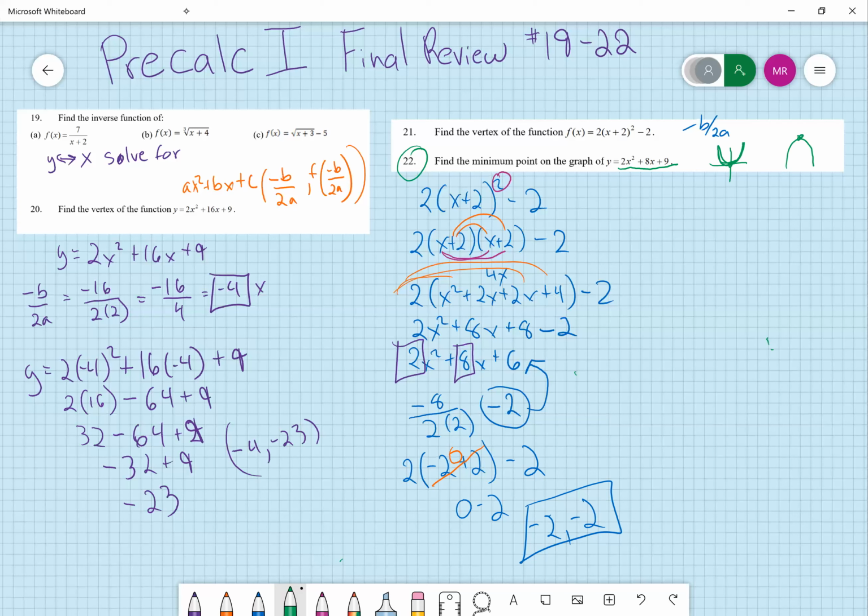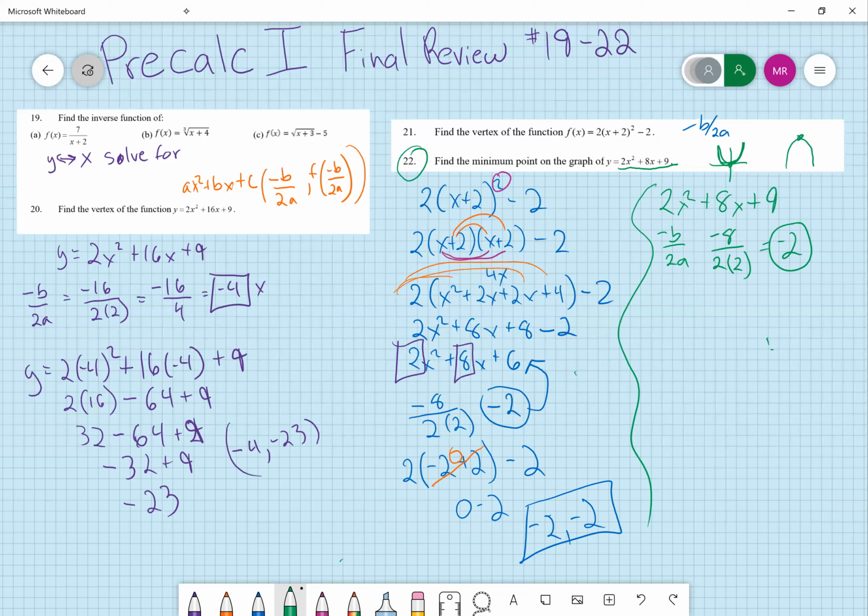So we want to find the minimum point. Our equation is 2x squared plus 8x plus 9. Oh hey, that's looking familiar. So we do negative b over 2a. Our b is 8, so we take negative 8 divided by 2 times 2, which is 4, and that gives us negative 2 once again.